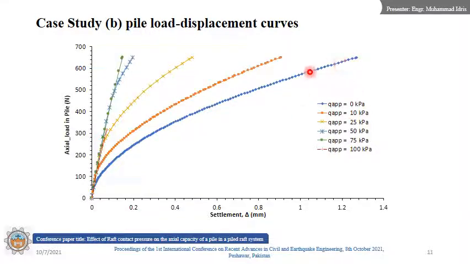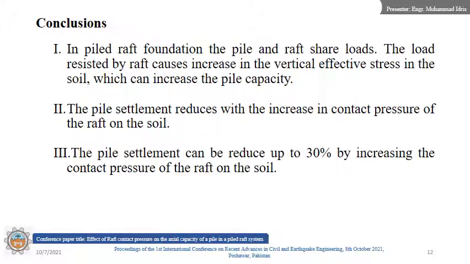For this curve, the surface pressure was 0 kPa, and for this curve, the surface pressure was 10 kPa. As the pressure increases, the displacement of the pile reduces. However, the load taken by the pile is the same. So, with the increase in the contact pressure, the pile displacement reduces and the capacity is increased.